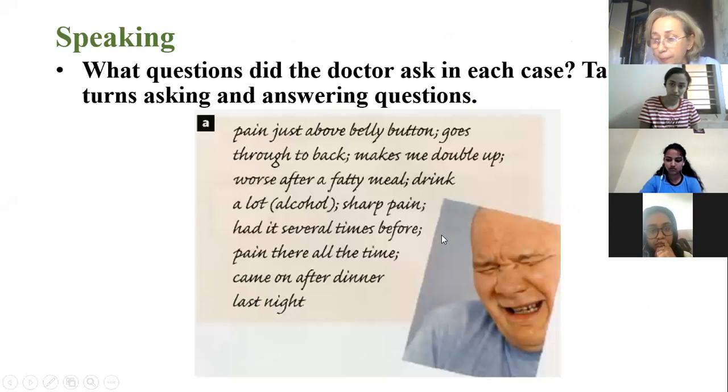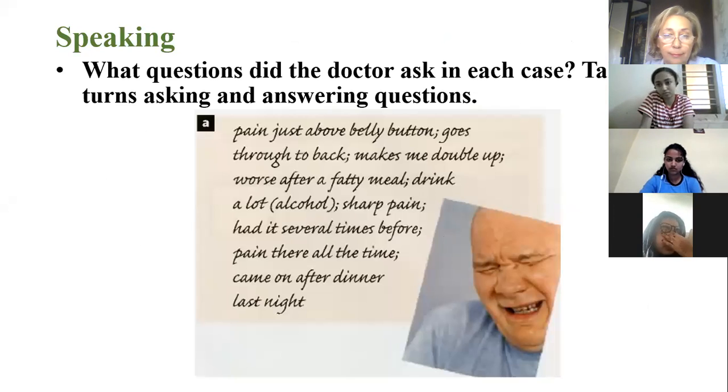So please, Labib? Sultan. Okay. Could you please tell me what the pain exactly is? Where do you have the pain? The pain is just above my belly side.